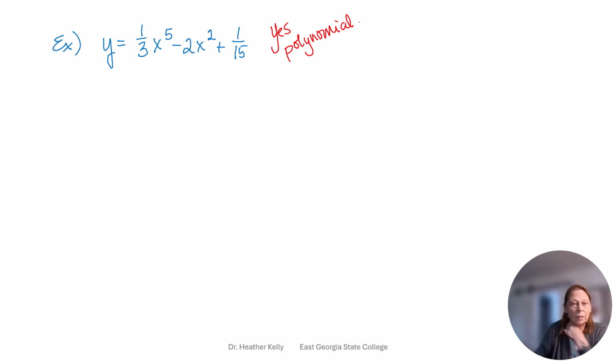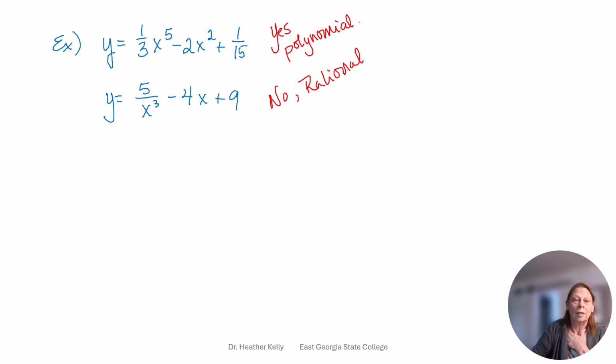Taking a look at this guy, this is definitely a no. And it's kind of a rational. And we know that because we have that variable in the denominator. But another way we could also write a rational is with those negative exponents.